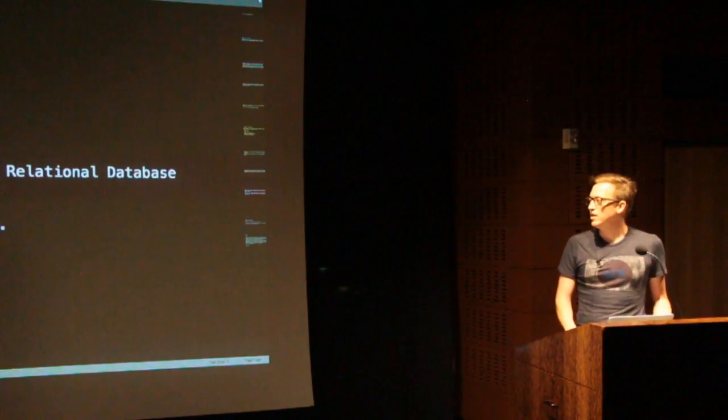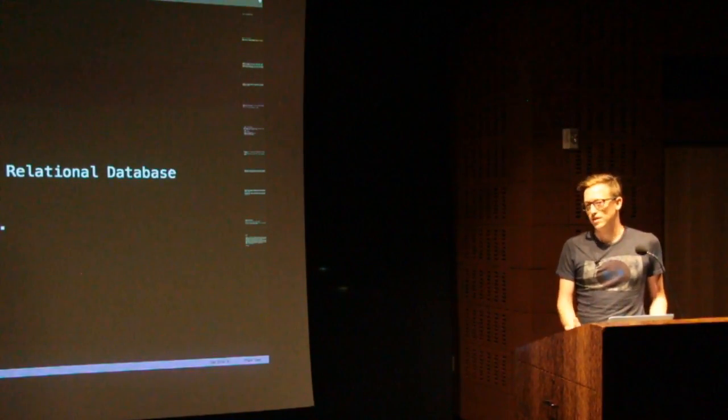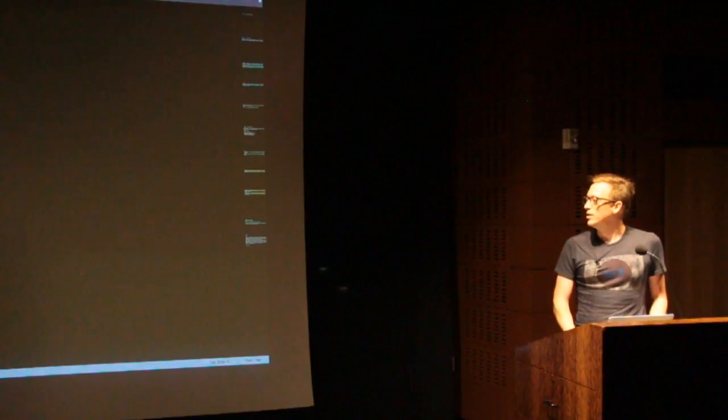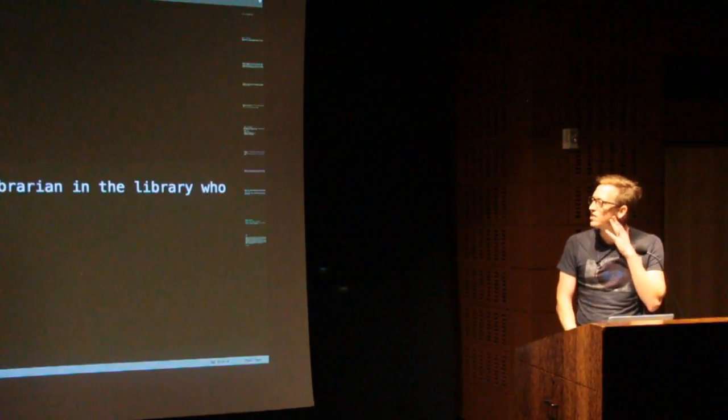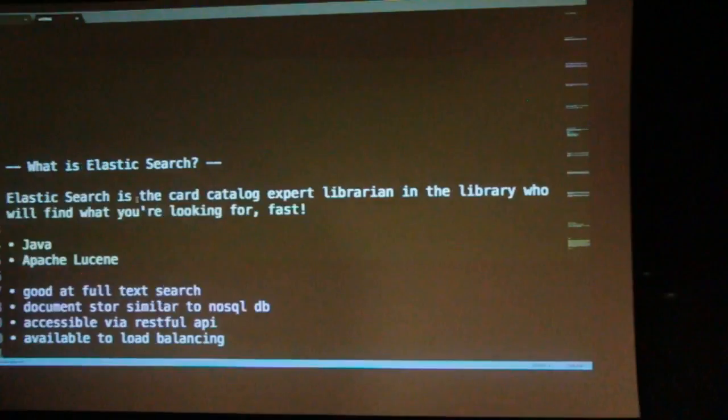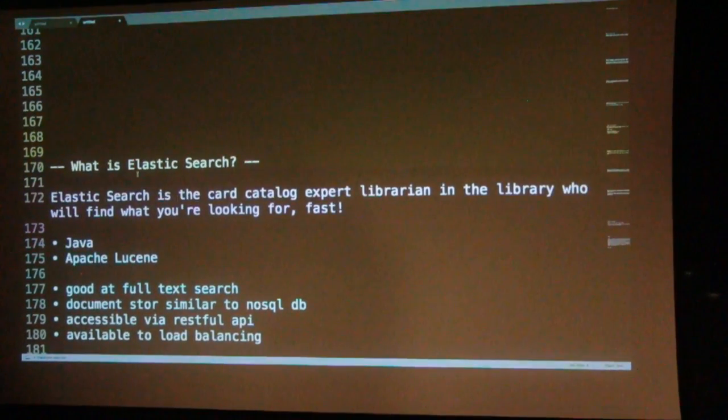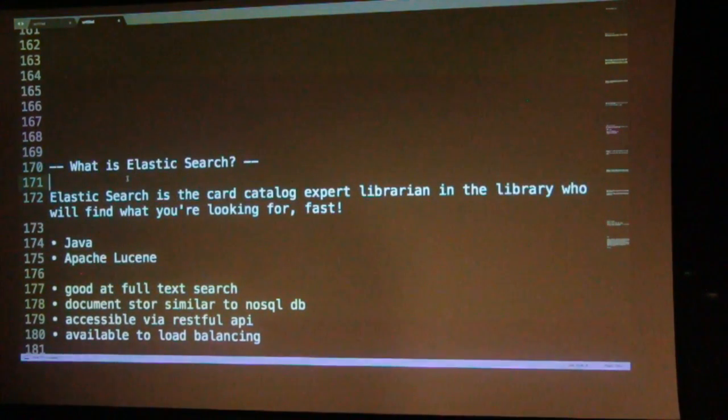This is where, in my opinion, Elasticsearch is, like I said, kind of a game changer. What is Elasticsearch? Since we're in a library, I chose a library analogy. I tried to think of a non-techie way of explaining it. I think Elasticsearch is the card catalog expert librarian in the library who's going to find what you're looking for fast. So do we remember what a card catalog is?